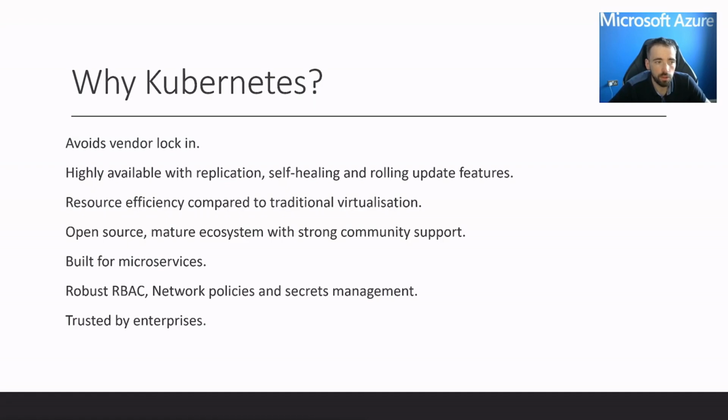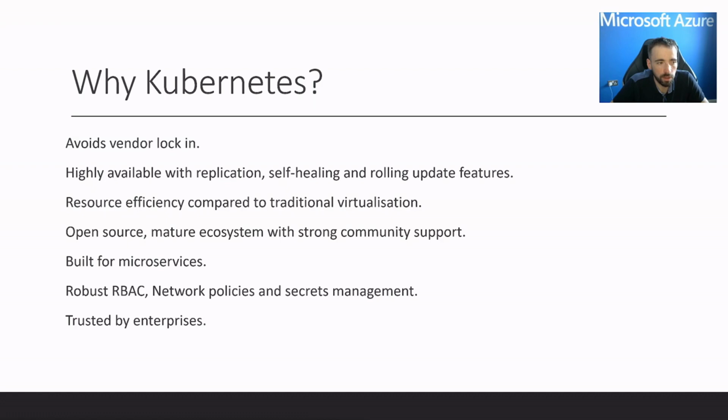It's also open source, has a mature ecosystem and strong community support. So Kubernetes is widely adopted, trusted by enterprises, and widely understood by the community. Due to its wide adoption, this can make things easier if we have issues. It's typically going to be someone that's probably had that issue before or something similar that can help us.